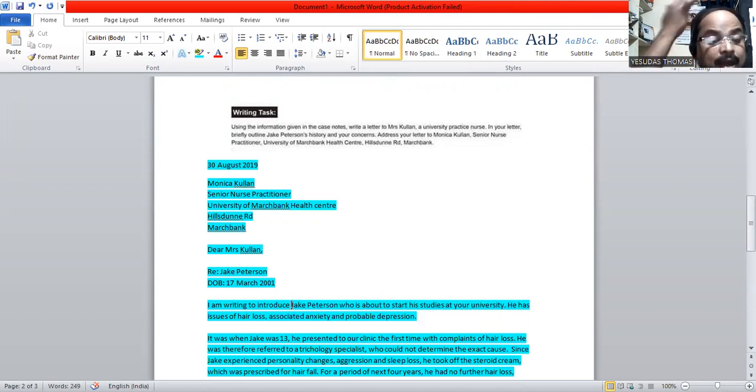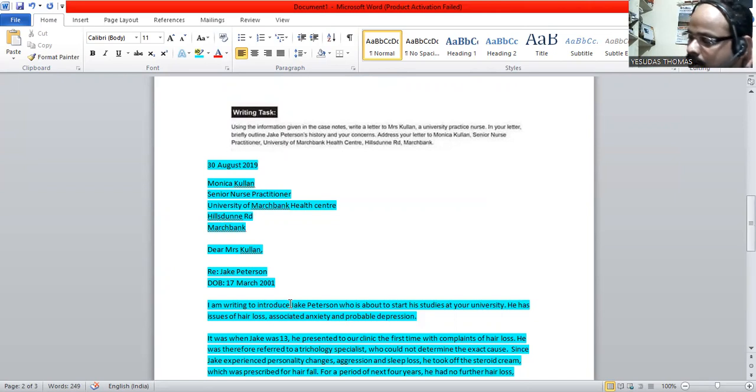These are the problems which he faces: hair loss, associated anxiety, and probable depression. So that's the purpose, a very clear purpose.